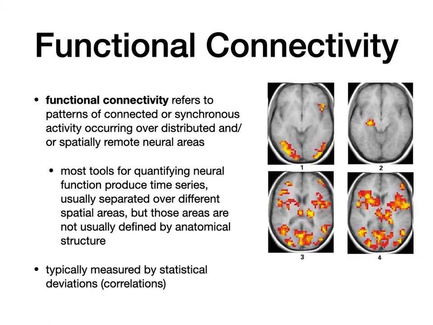So now functional connectivity. And this is all about, we've been talking about how measuring function is critical. We need to be able to track what happens in the brain over time to be able to understand what's going on. But this also means we need to be able to figure out, well, if this area is active and then that triggers this action in this area, seeing a flow, right?